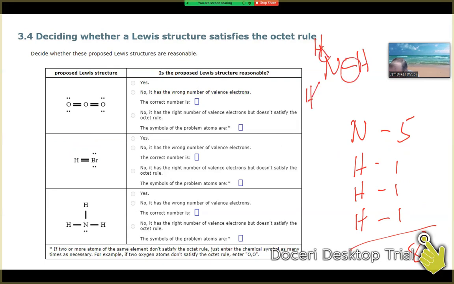That's 1, 2, 3, 4, 5, 6. Then we put 2 above that are not bonded, so that's 8. So we get a pair of electrons up there. Nitrogen now has 1, 2, 3, 4, 5, 6, 7, 8, so that's satisfied, and each hydrogen has 2.